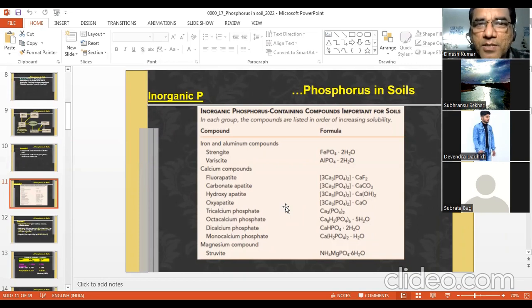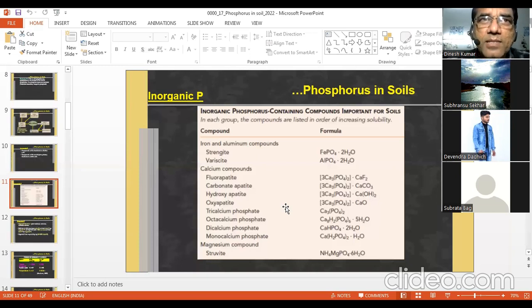Phosphate rock contains mostly phosphorus in apatite forms, and nearly 70% of the world's phosphate reserves are in Morocco.